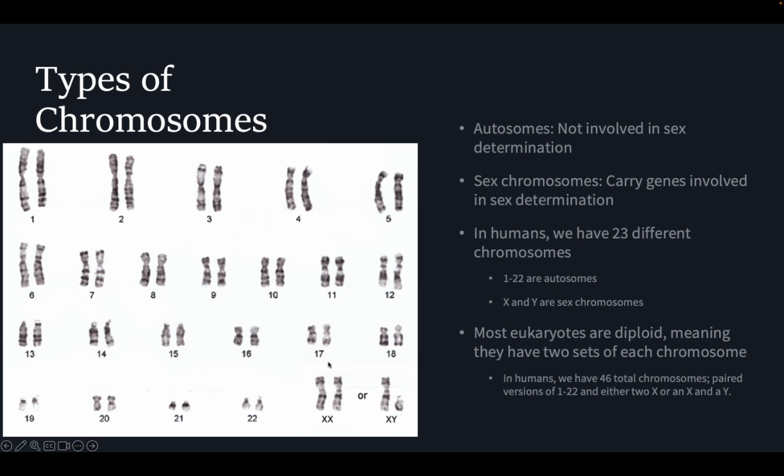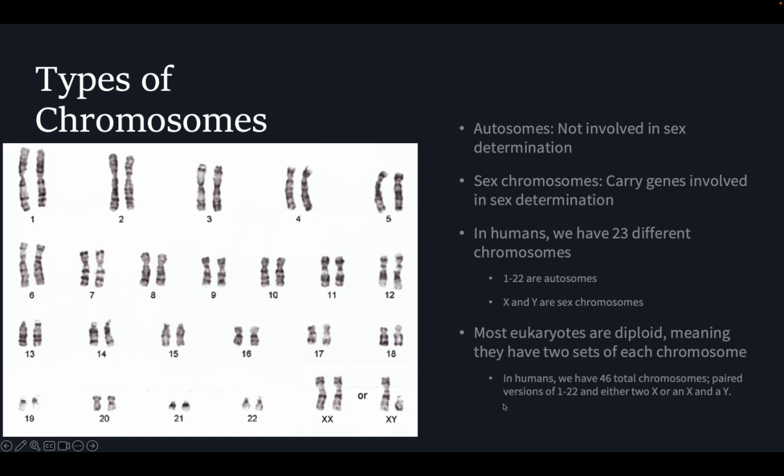And then down here, this is showing you what the X's would look like. So in an individual who has 2 X chromosomes, 1 X chromosome is inherited from the mother, 1 X chromosome is inherited from the father. In an individual who is XY, the X chromosome is inherited from the mother, the Y chromosome is inherited from the father.